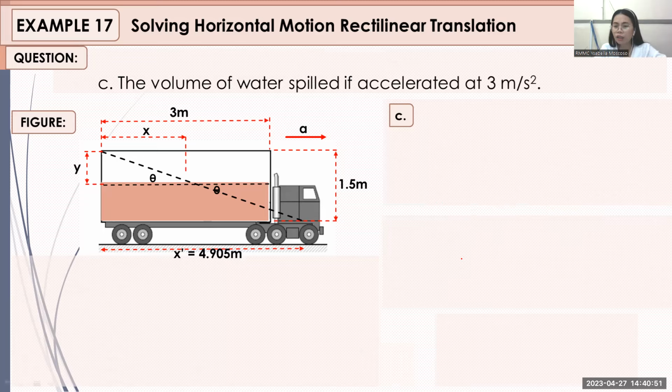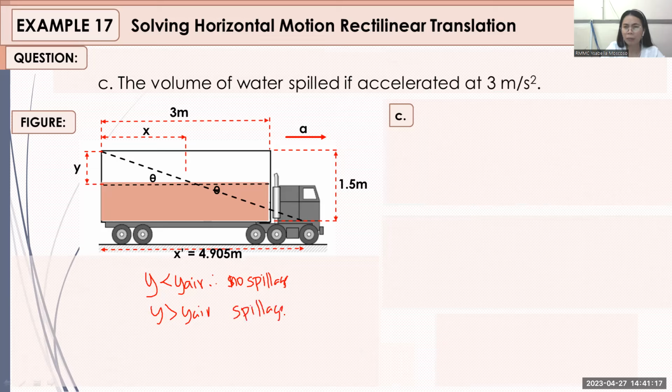Okay? So, i-prove muna natin na at a given acceleration of 3 meters per second squared, may natapon na talaga. Paano ba natin i-check yan if there is spillage? Diba? Sabi natin, if y is lesser than your y air, there is no spillage. Okay? But if your y is greater than your y air, may spillage na.